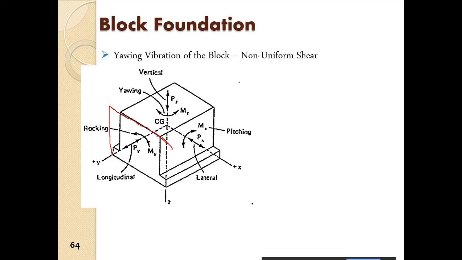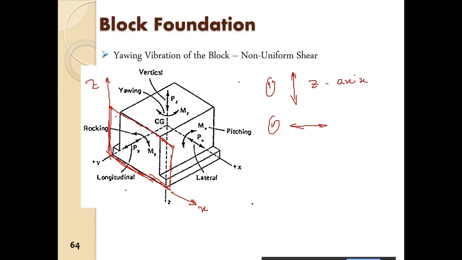Up till now we have considered the motion separately. Now we are going to couple whatever there is in the xz plane. This is the x-axis and this is the z-axis. Number one is the vertical vibration, up and down, along the z-axis. Number two is the sliding motion along the x-axis.